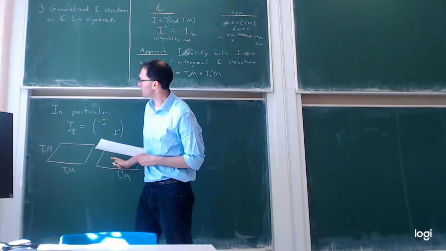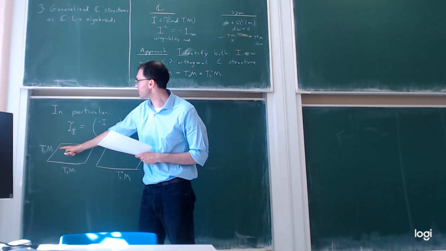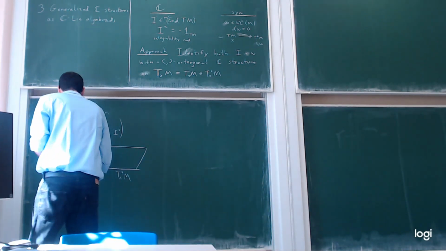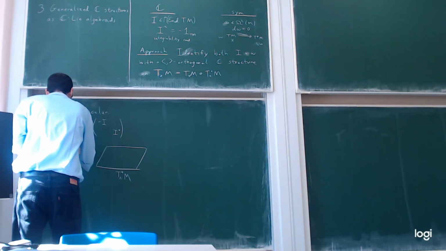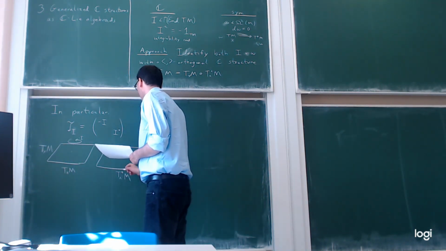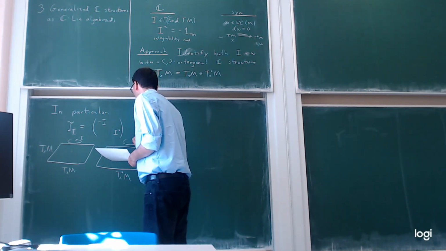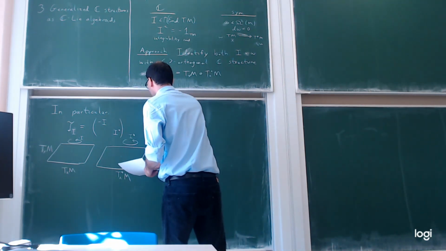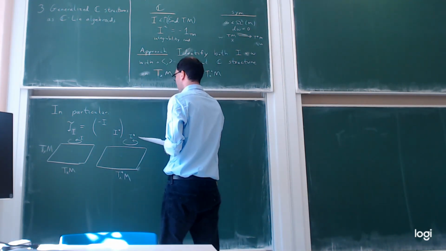Their direct sum constitutes the fiber of the extended tangent bundle, so I guess this is the extended tangent fiber. On T_x M, we act by negative I, and on T_x star M, we act by I dual. So that's the complex side.